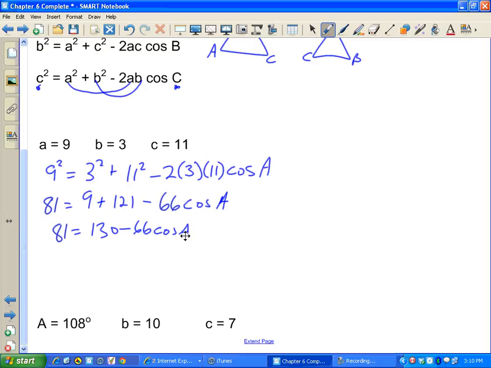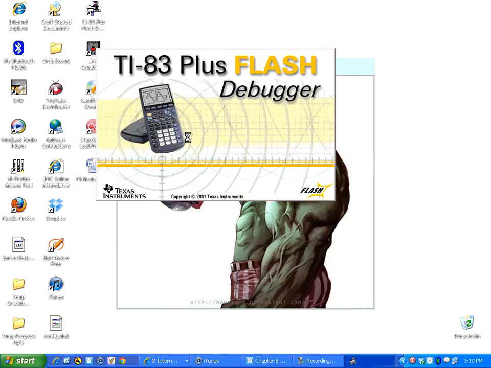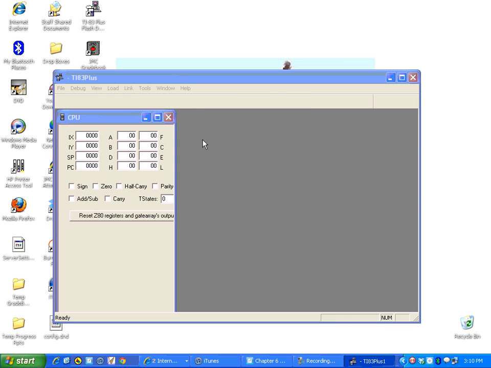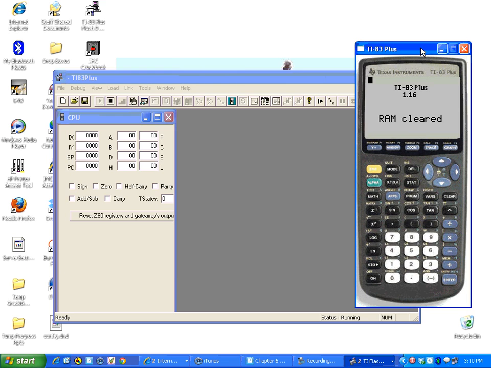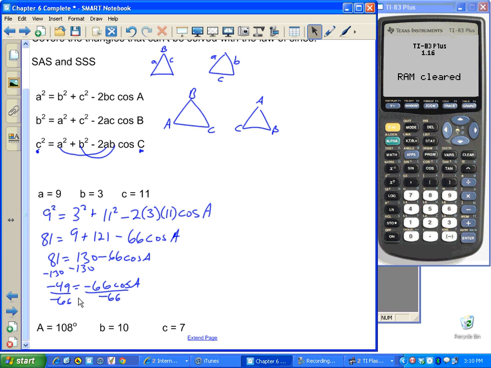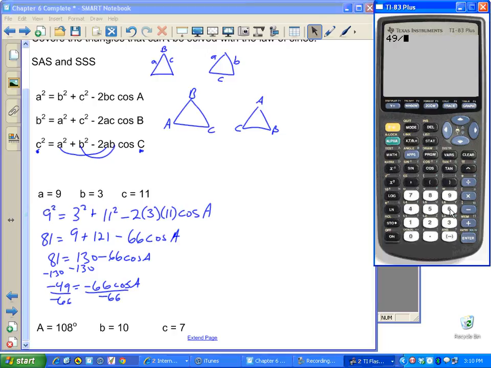From this point, it's just like an equation. I'm going to subtract the 130 over, and that gives me negative 49 equals negative 66 cosine of A. I'm going to divide by negative 66, and from here I'm going to need my calculator. So I'm going to take 49 divided by 66.